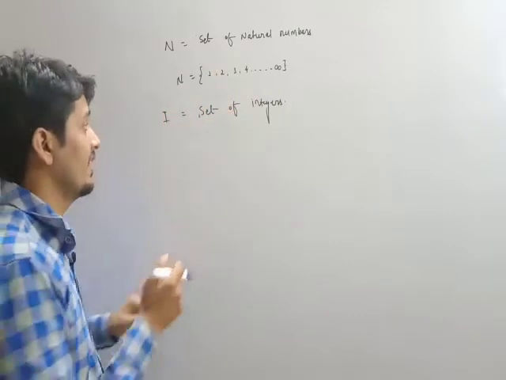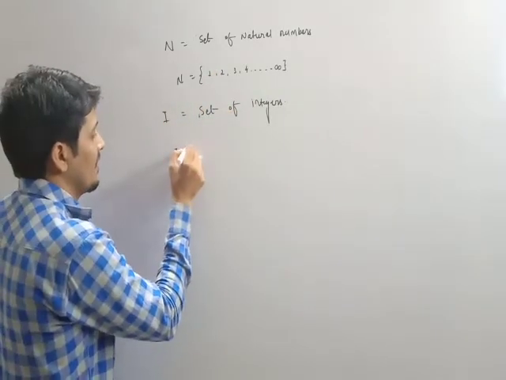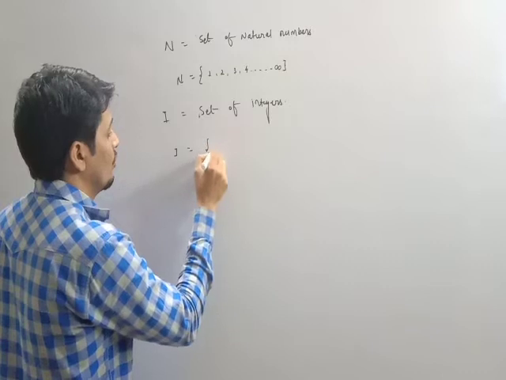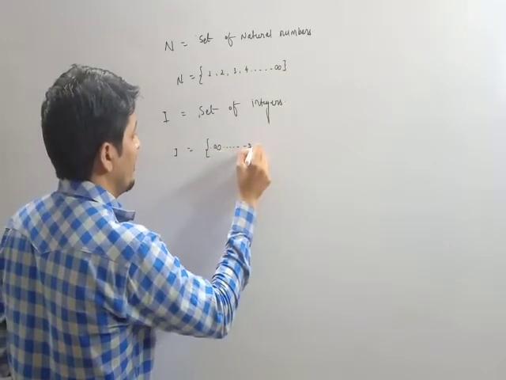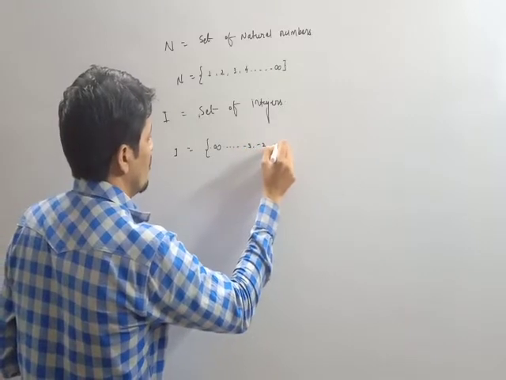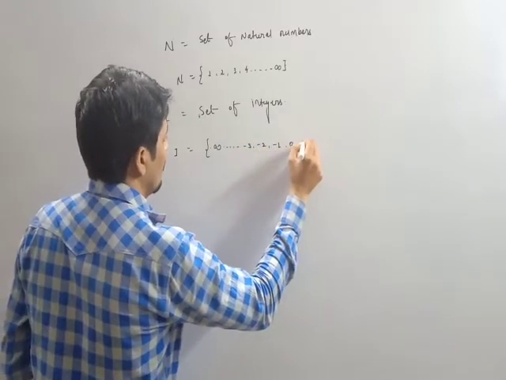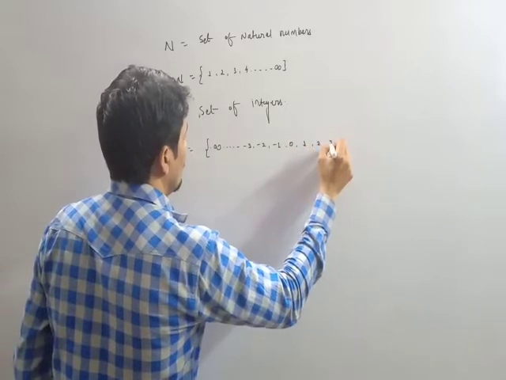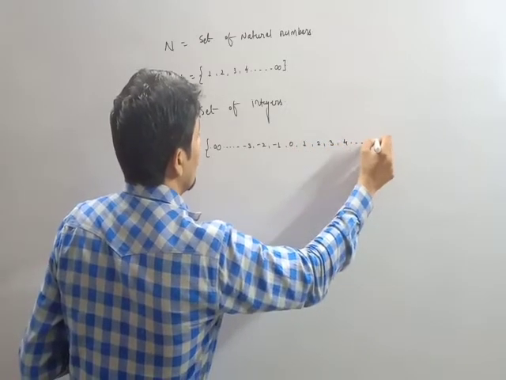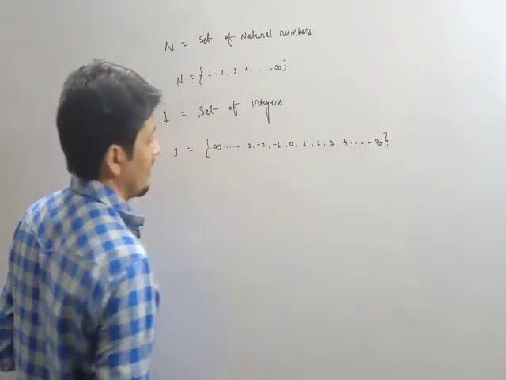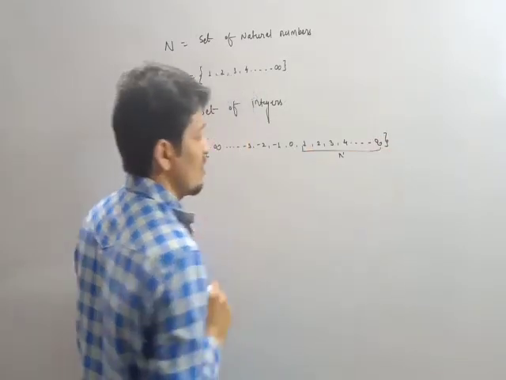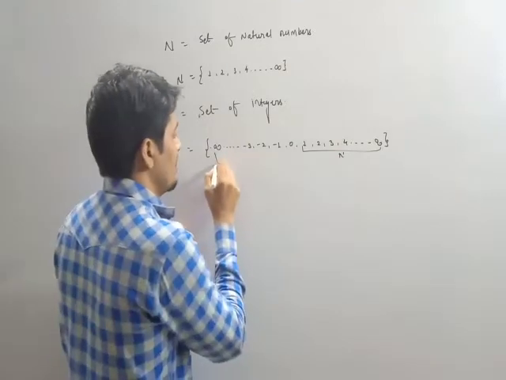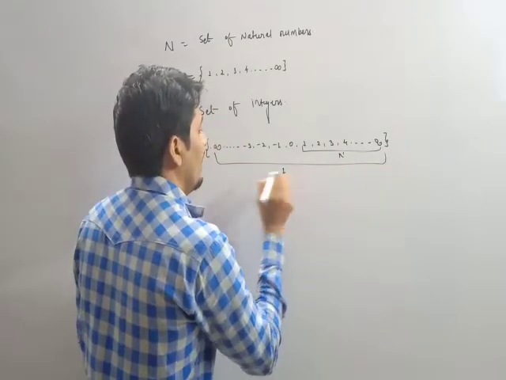That means we can write I equals negative infinity up to -3, -2, -1, 0, 1, 2, 3, 4 dot dot dot up to infinity. So from here we can say this is the set of natural numbers, and all these numbers belong to integers.